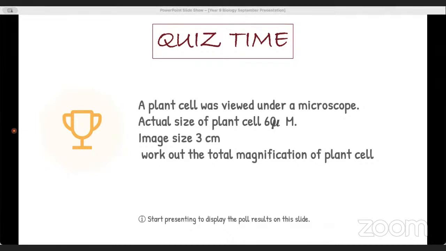Now we have to convert the units. What is the easiest conversion we can do?